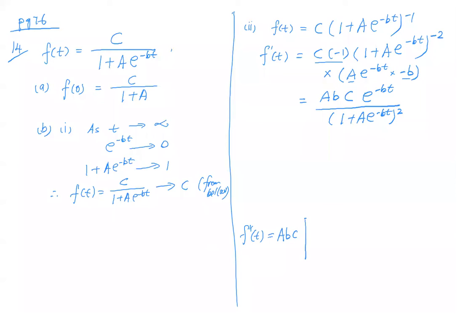So you are going to use the quotient rule formula. Still remember the quotient rule? Okay. So your u is e to the power negative bt. Your v is 1 plus a e to the power negative bt squared. Okay, you differentiate this one by one.